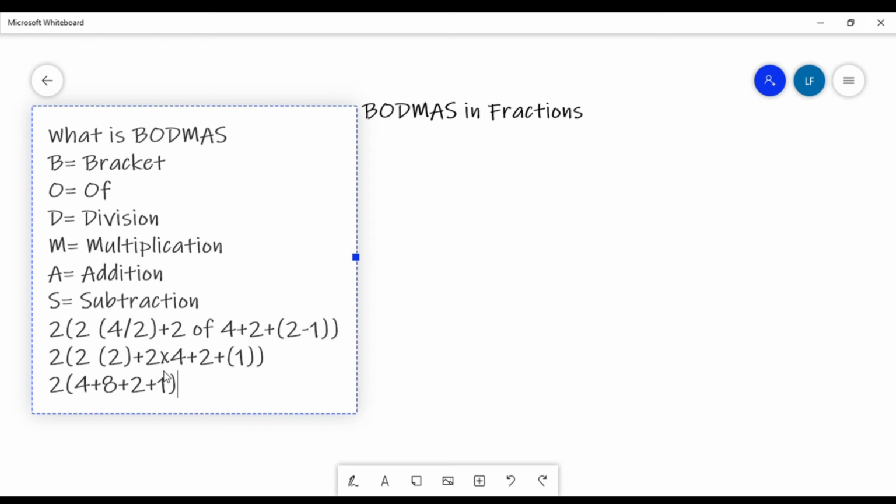Now what do we do? We do the addition over here. So 4 plus 8 equals 12, and then 2 plus 1 equals 3, then 12 plus 3 equals 15. So 2 into the brackets, within brackets, 15. Now the next part is we have to multiply 2 into 15, which is 30. The answer equals 30.